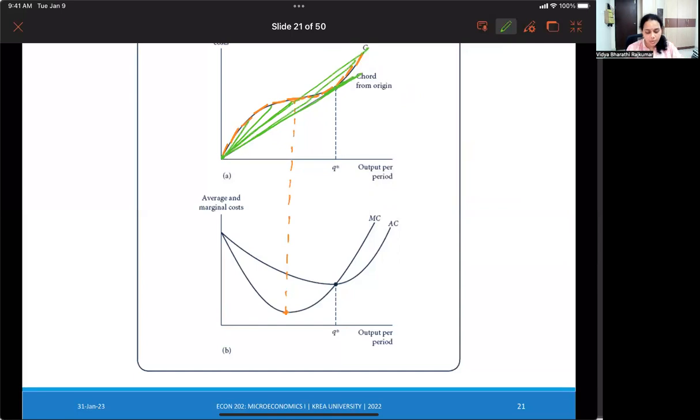So your average cost falls initially, and at its lowest point, the chord that you draw from the origin is tangential to my cost curve. It actually sits on top of the tangent that I draw at that point. That's why MC and AC become equal at that point. And beyond that point, your average cost function will also start climbing. So that's just about the geometry of these curves.